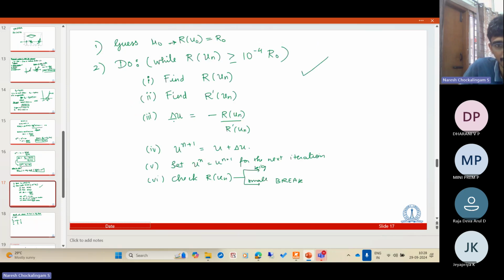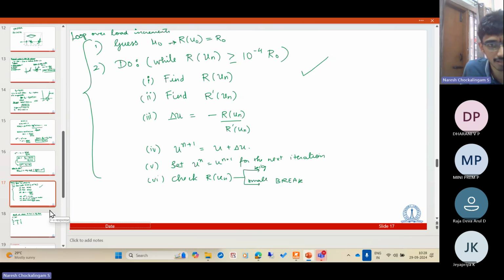So this entire procedure will be inside another loop, which is a loop over load increments. In every increment we'll do this.